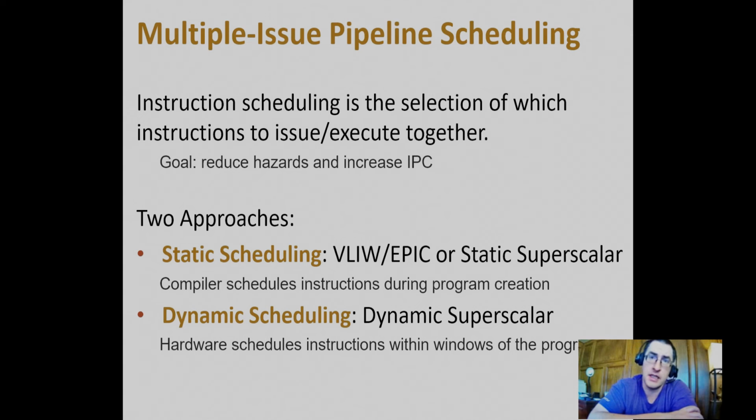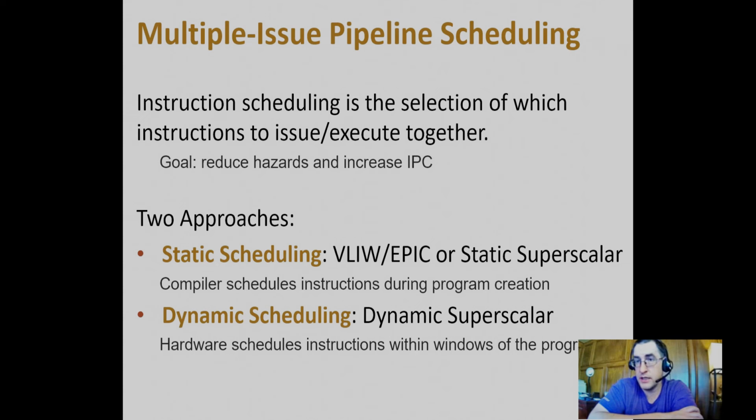As in many things in computer systems, there are 2 approaches, static and dynamic. Static means it's done ahead of time by the compiler, in this case. So the compiler organizes the instructions in the program, chooses the order in which those instructions will be seen by the processor, and therefore executed.